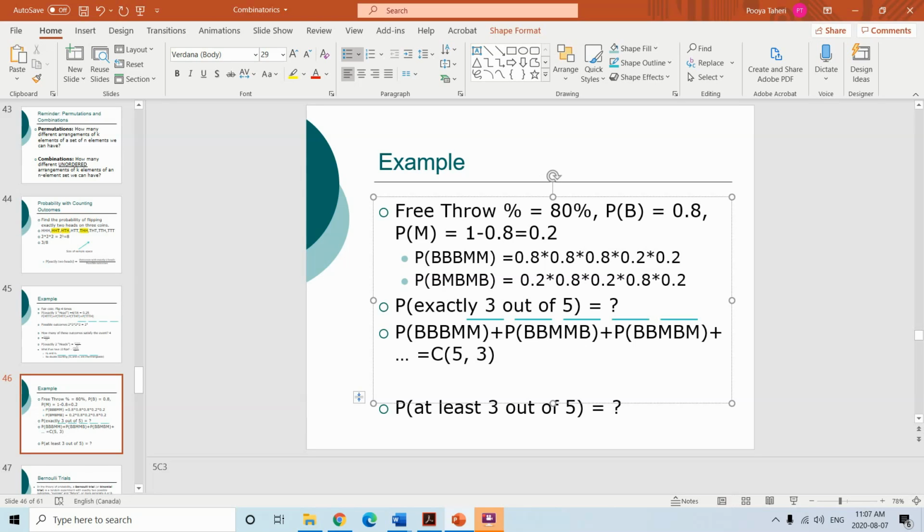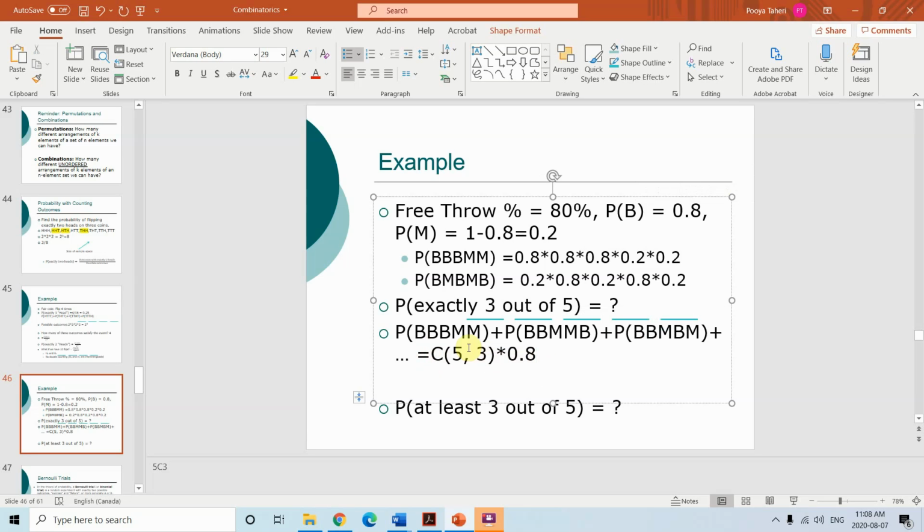Now we selected 3 places for baskets and 2 places for misses. What is the probability of having a successful throw? It's 80%, so that's 0.8.